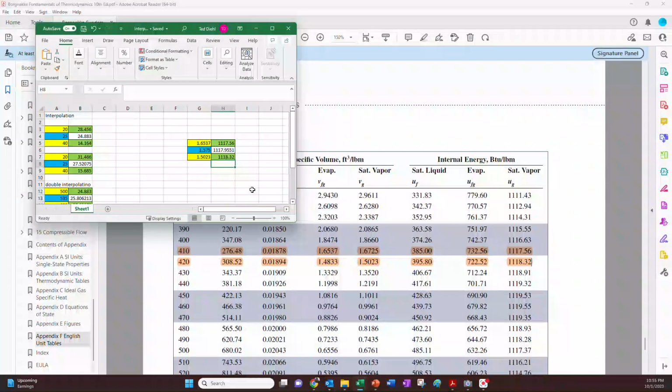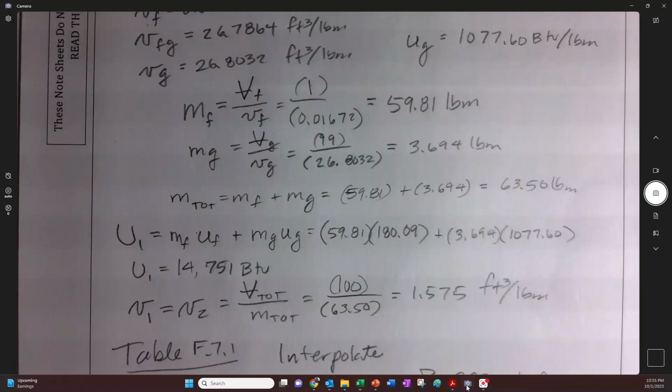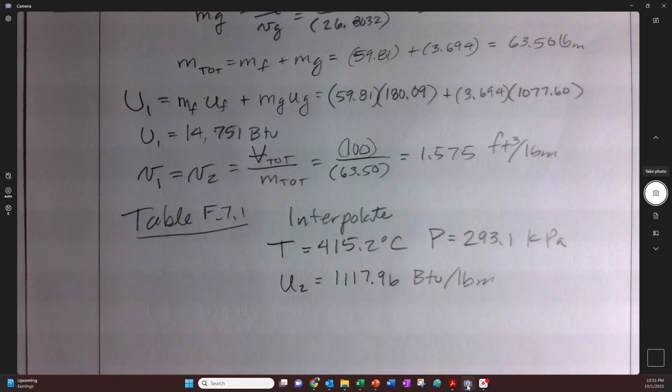And so what we end up with is a U2 of 1117.95596. That's a lot of sig figs. And these are BTUs per pound mass. Interpolating with a little table makes it a lot easier, huh?